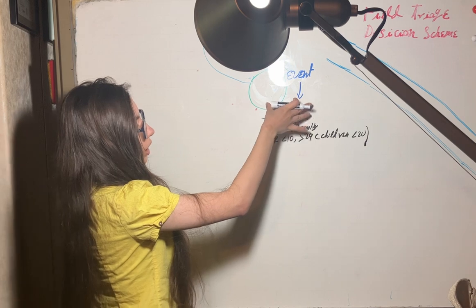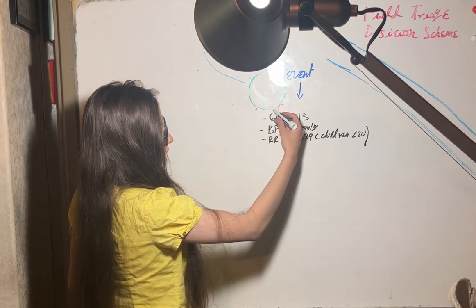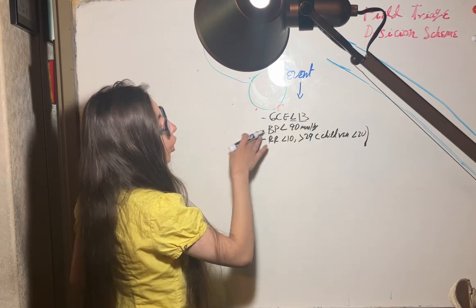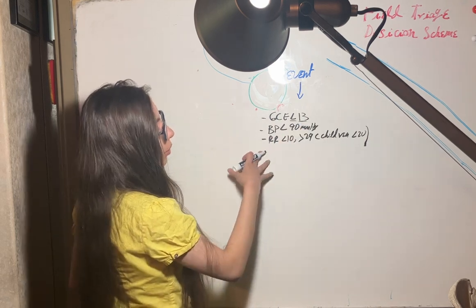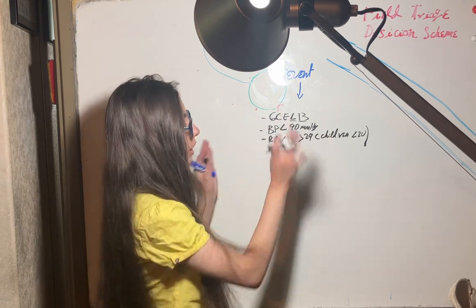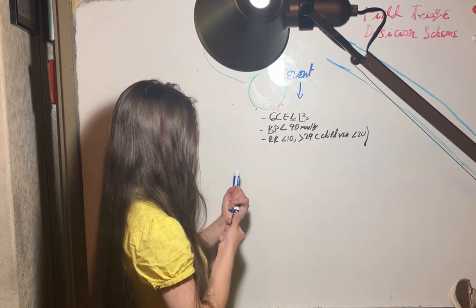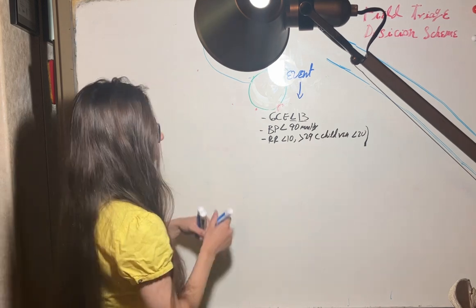So if the level of consciousness is Glasgow Coma Scale less than 13, or blood pressure less than 90, or respiratory rate less than 20 or greater than 29, independently of everything else, the patient needs to be transferred to a trauma center. So this is a question mark.